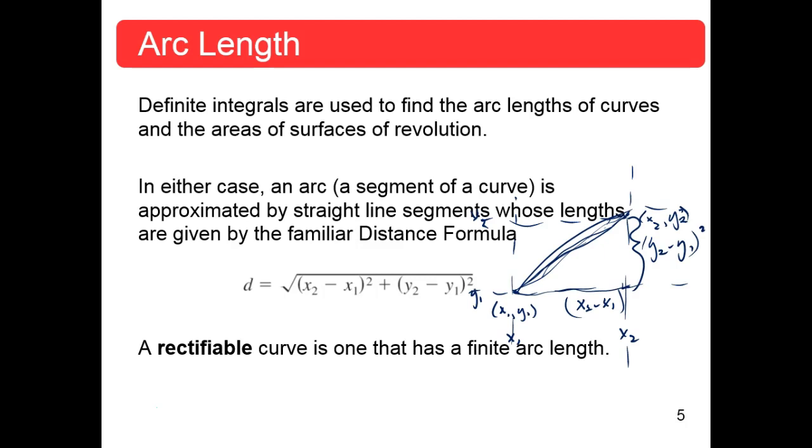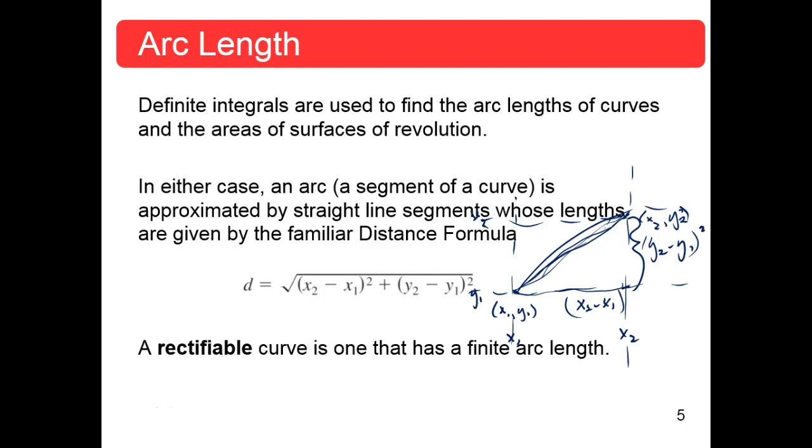So there's the distance of the straight line segment, somewhere in there should be a straight line segment. Use your imagination. The rectifiable curve, boy, what a word, is one that has a finite arc length.